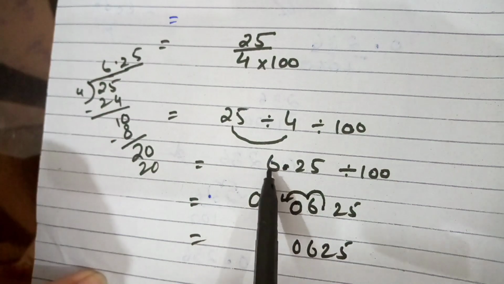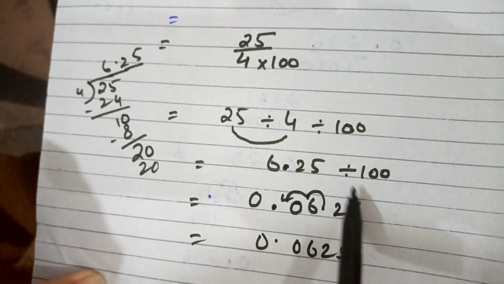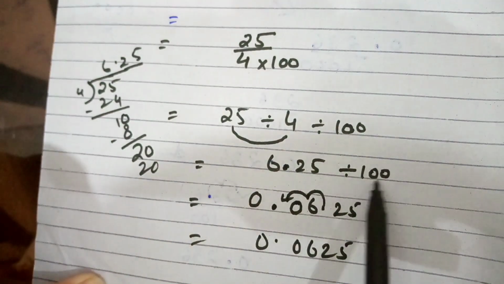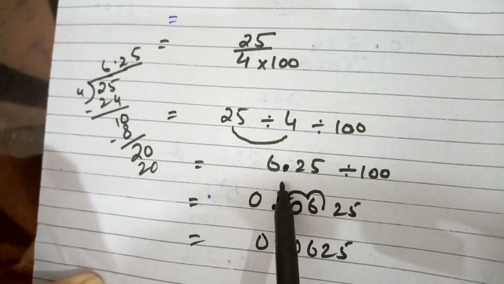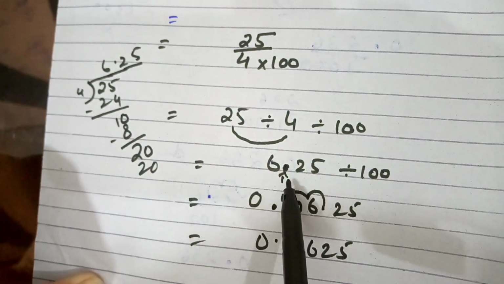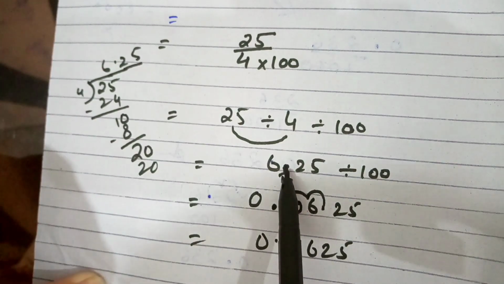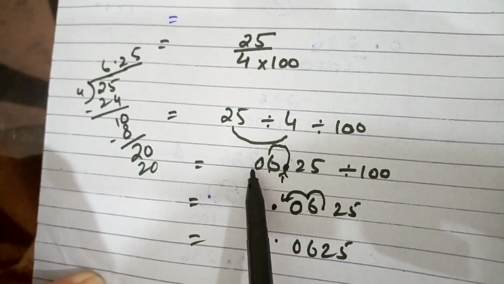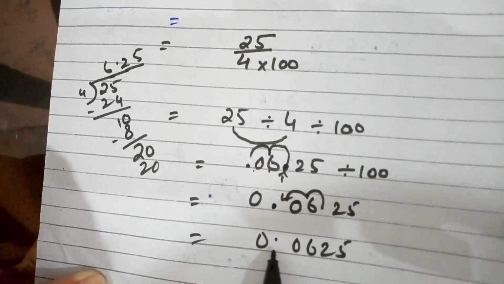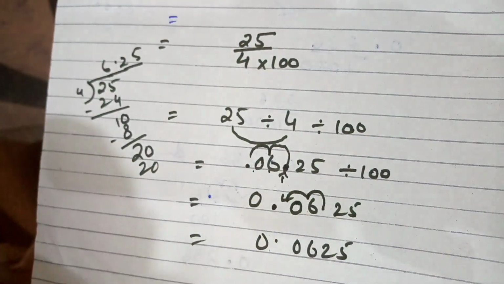As we have the term 6.25 divided by 100, the 2 zeros of 100 mean we shift the point 2 digits. 1 and 2. There is no second digit, so put the 0 here. 1, 2, and after 2 digits this point will be shifted here, and the new term will become 0.0625.